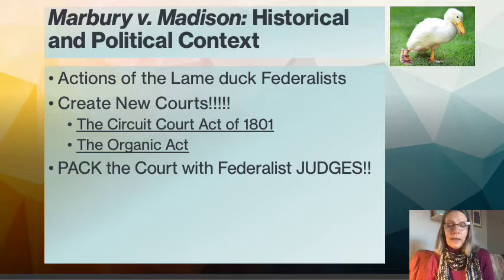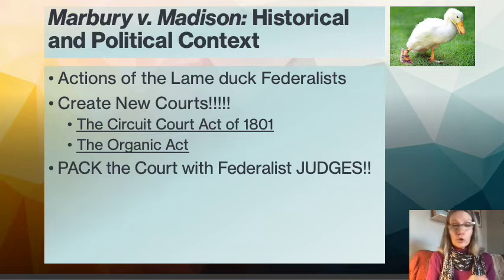Just think about it from a contemporary perspective. Let's say that right now the Democrats have the presidency, and they also hold the House and the Senate. And then let's say that in the presidential election, the Democrats lose everything, right?